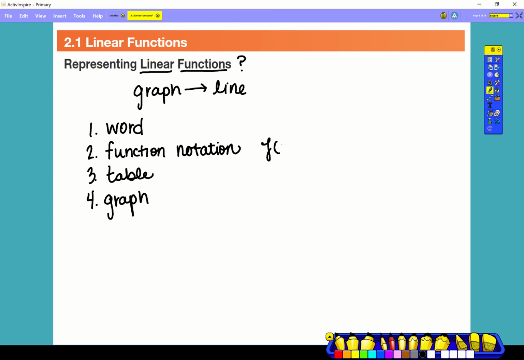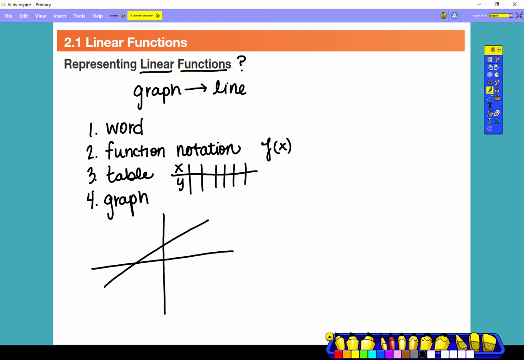Function notation, again, that's f of x, things like that. A table, you have your x values, your y values. And a graph, you can have multiple types of linear graphs.